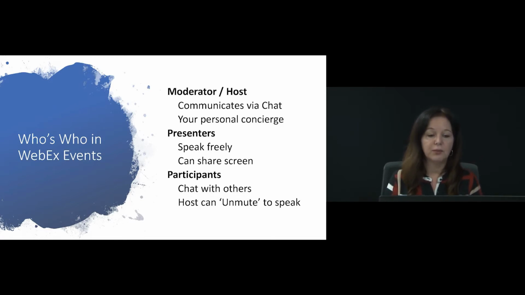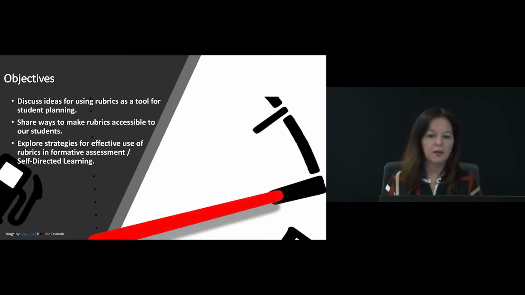We are going to share ways to make rubrics accessible to our students, hopefully share what works for you in terms of how you understand your rubrics and how you would like to talk about them with your students. And then the second part of today's session will be about exploring strategies for effective use of rubrics in formative assessment and self-directed learning.